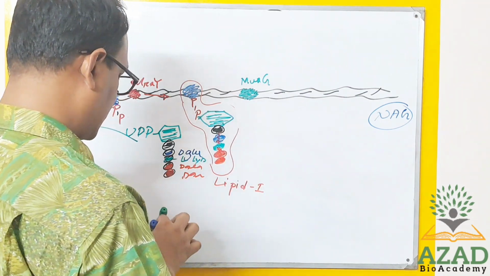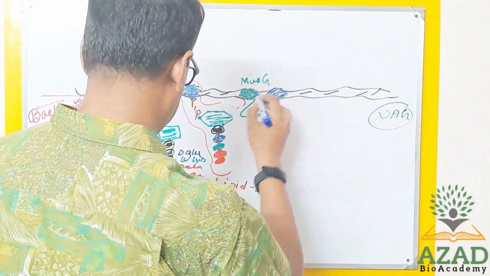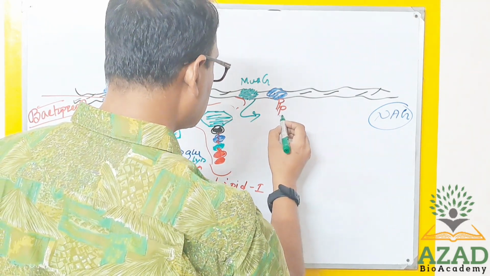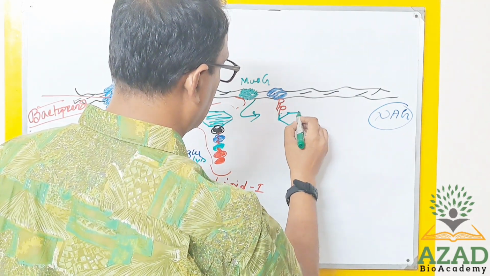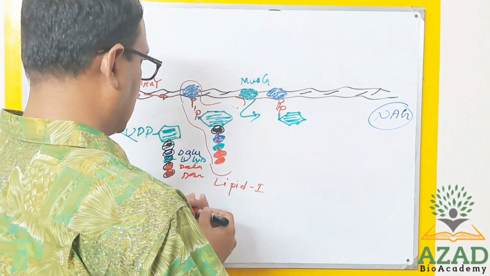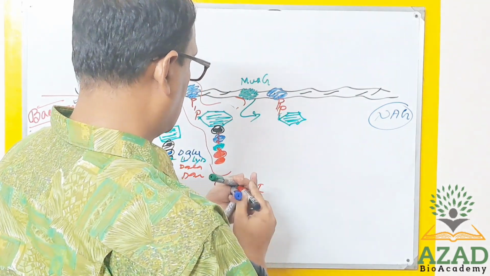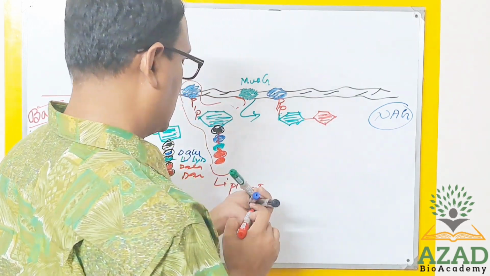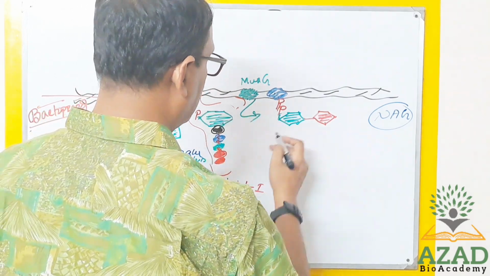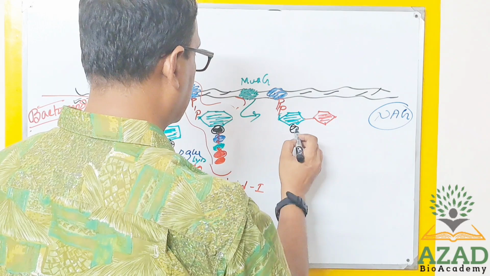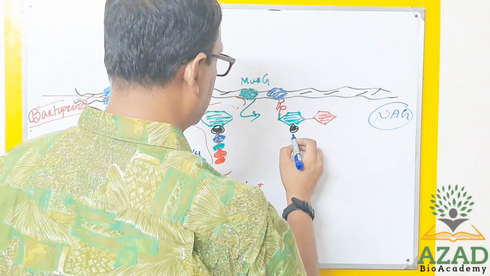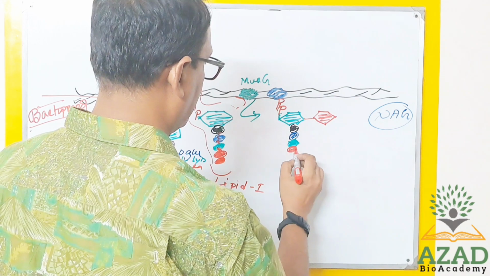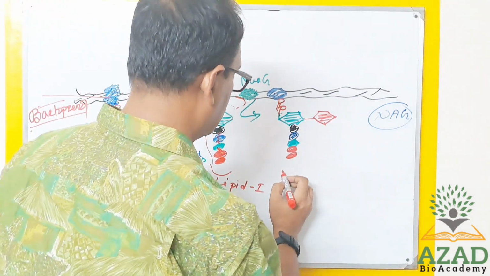So now you can add bactoprenol, this is diphosphate, this is your muramic acid, and here another sugar will add, that is N-acetylglucosamine, by the glycosidic bond, and that muramic acid will carry the previously attached pentapeptide. Actually, this is the lipid 2.